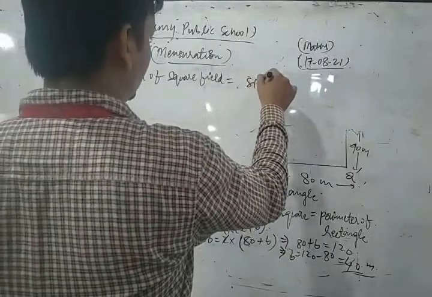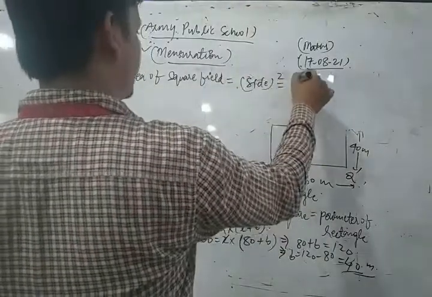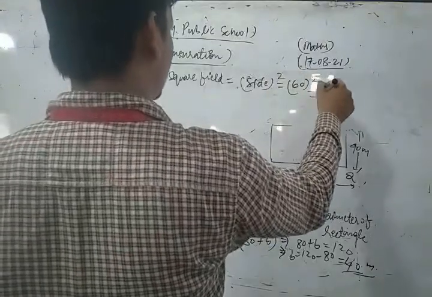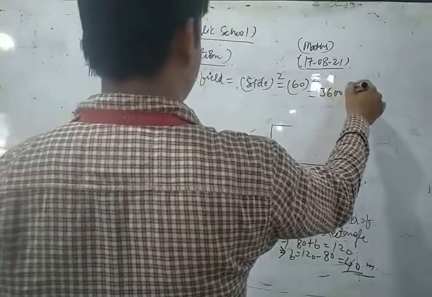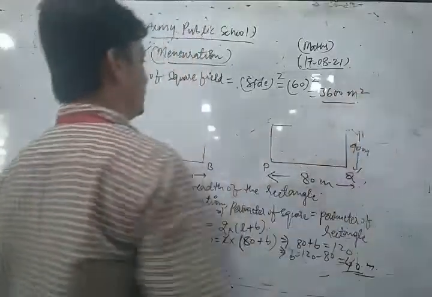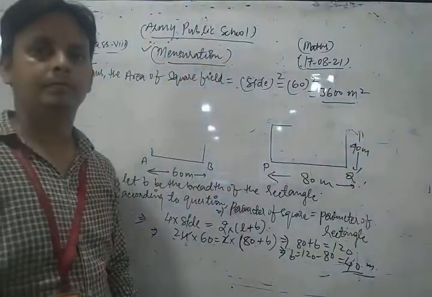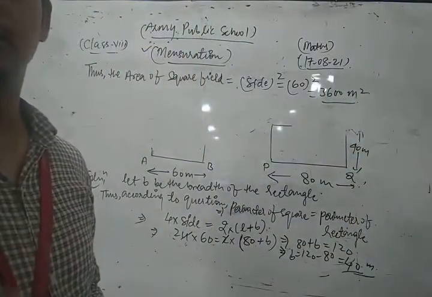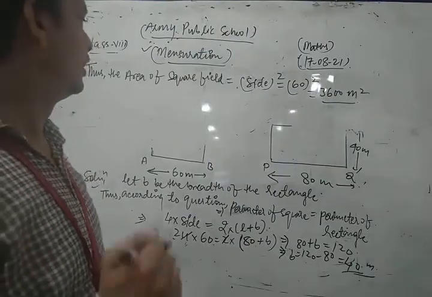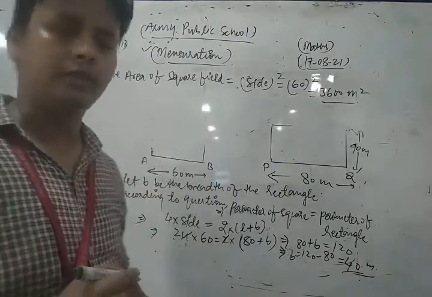Area of the square field is side squared. So side is 60. So 60 squared is 3600 meter square. In this way, this is the area of the square field.